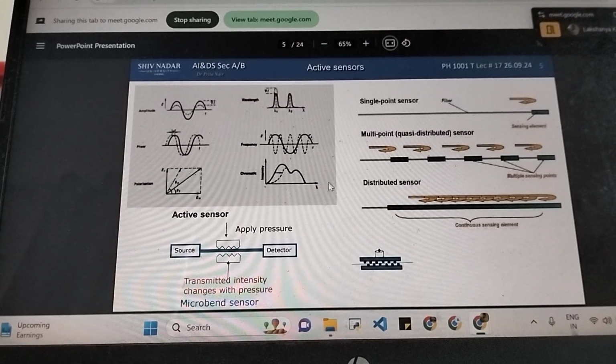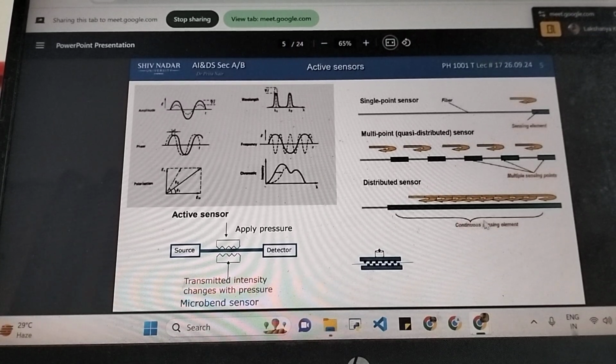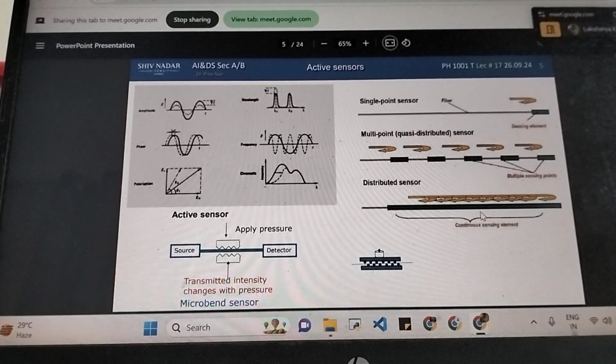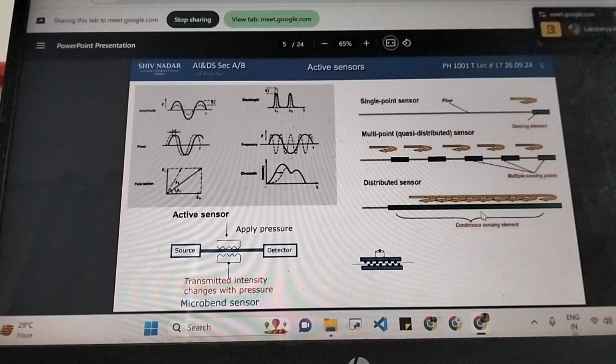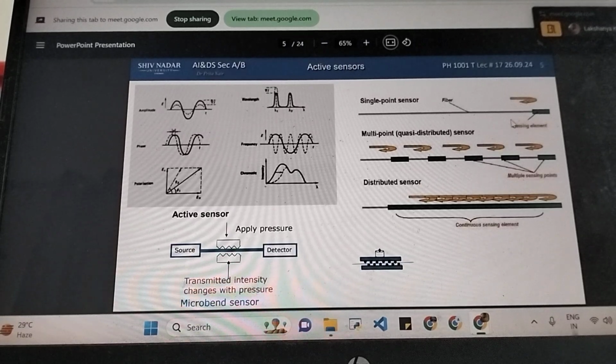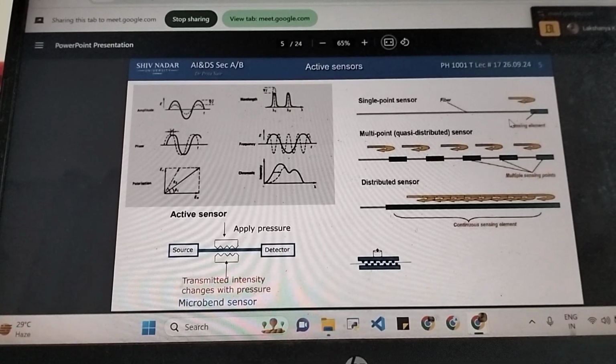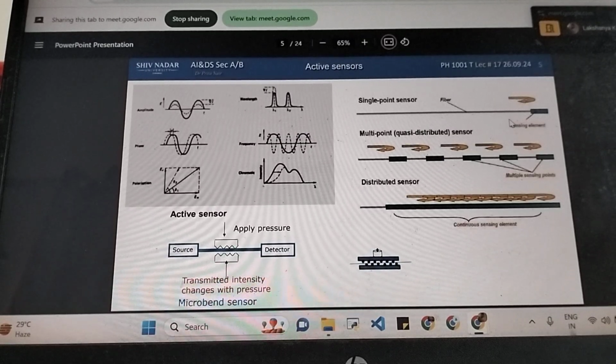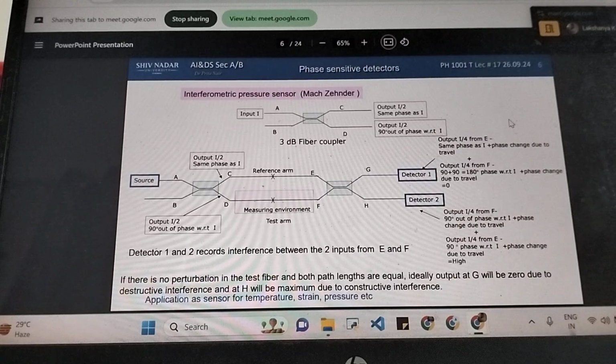And distributed sensor, it's a continuous cable, like throughout the cable you have these sensing elements, meaning at every point the change is being sensed. In this one, only at these points the change is measured, and this one, only one point the change is being measured at all. So those are just subtypes. You will not be questioned too much in detail on these, but it's good to know that these types exist.